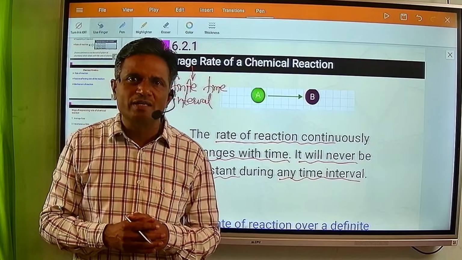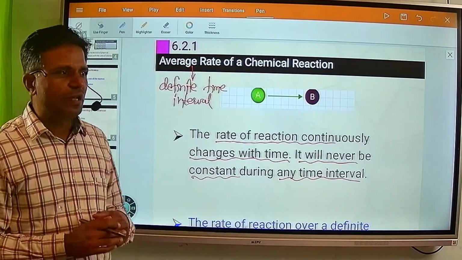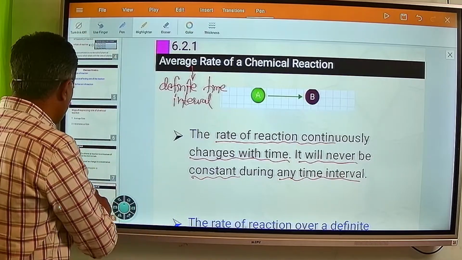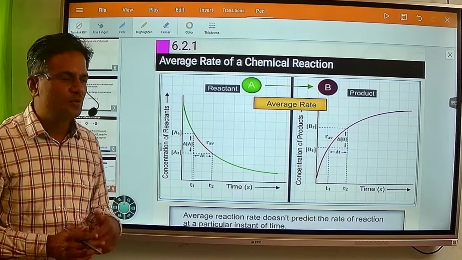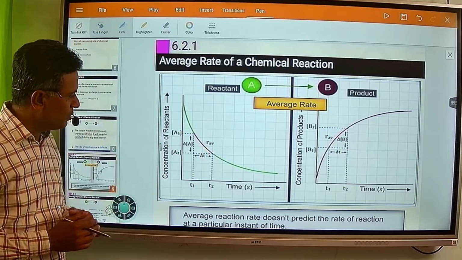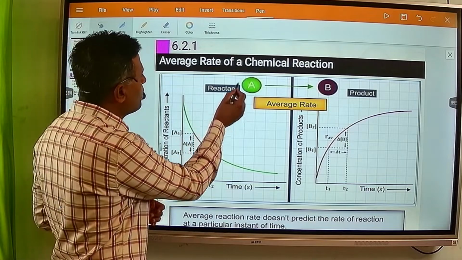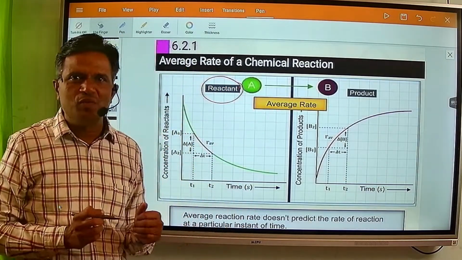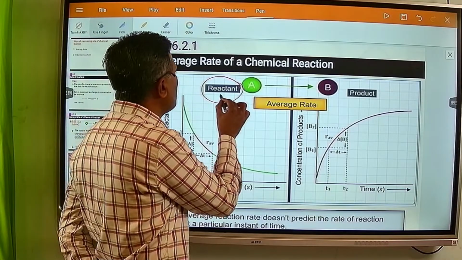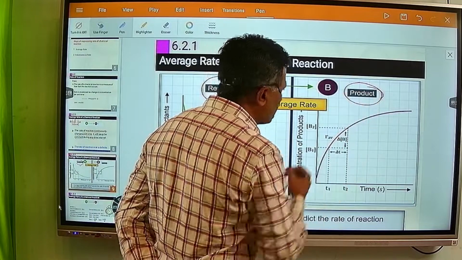Now the question arises, how to determine that average rate of reaction? For that purpose, I will explain this with the help of these two graphs. This is the graph for this particular chemical reaction, A gives B. This is the graph for reactant and this is the graph for product.